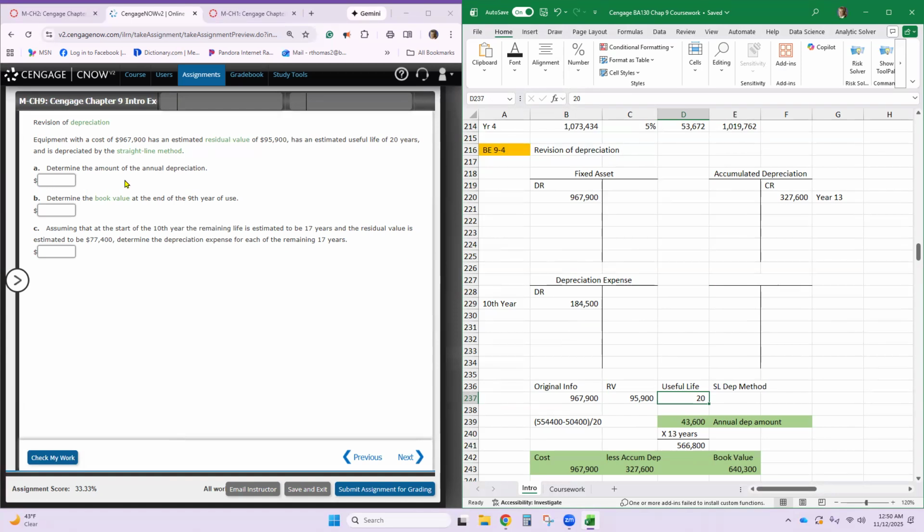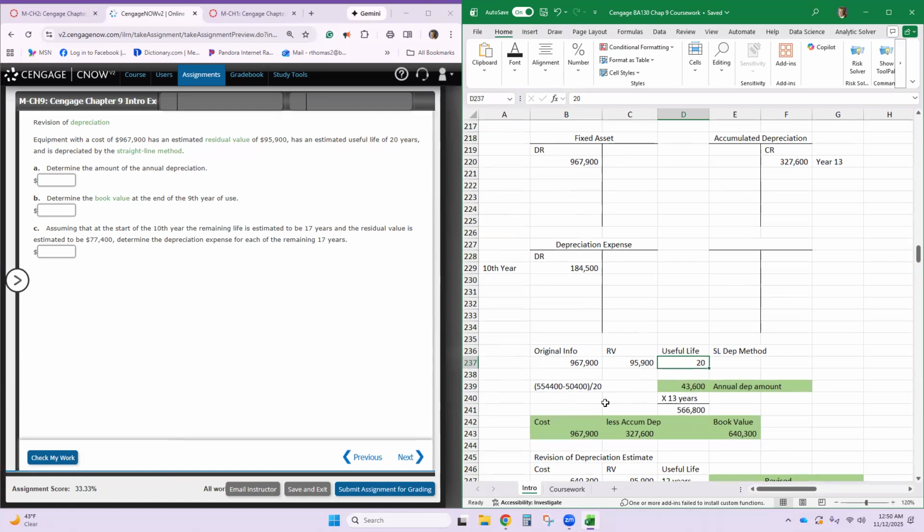So determine the amount of the annual depreciation for the first year. Let me see here.